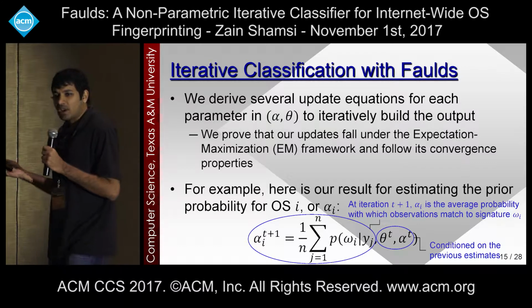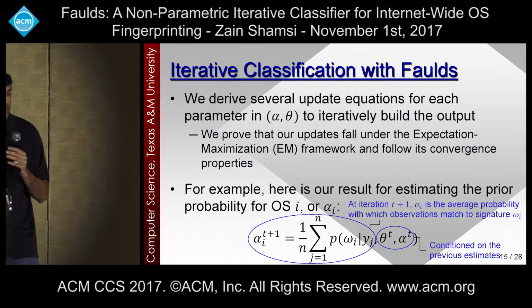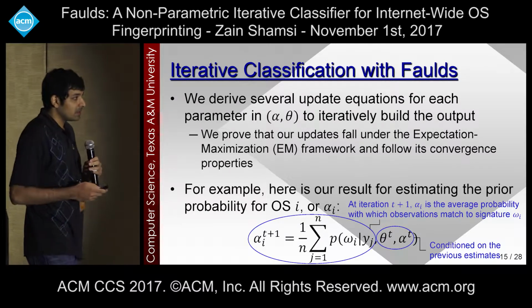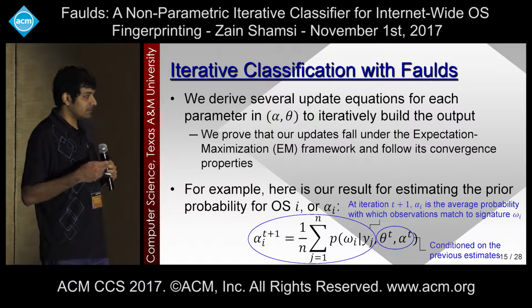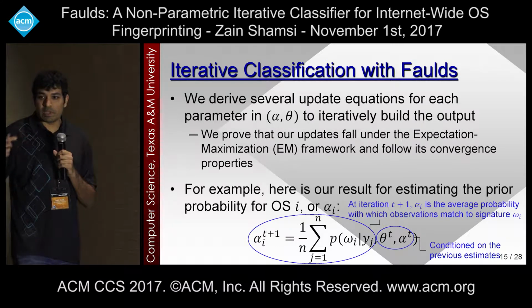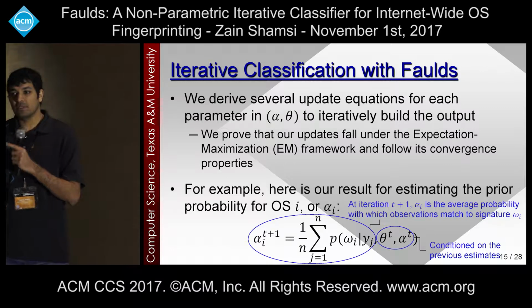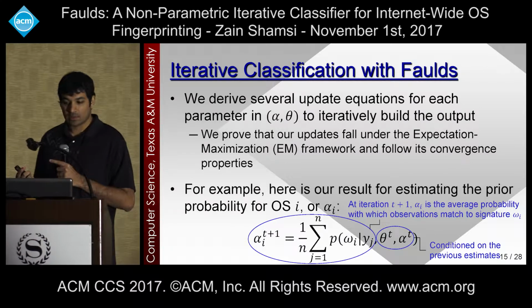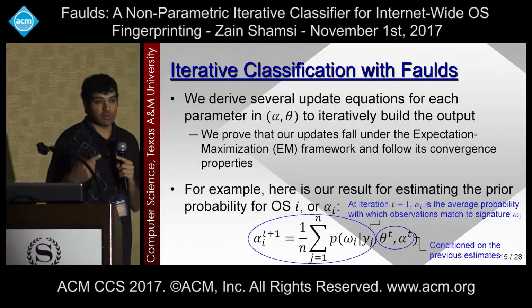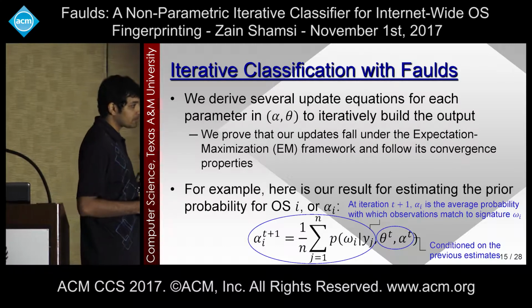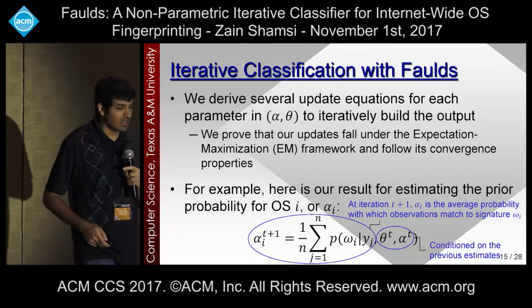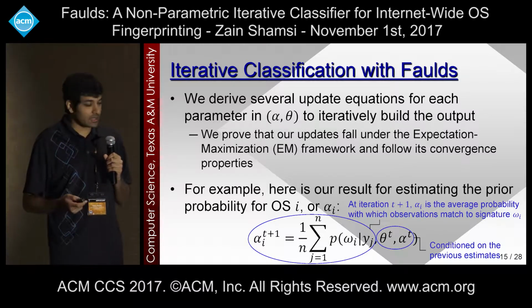So we derive several update equations for each parameter in alpha theta to iteratively build this output. We also prove that our update equations actually fall into the expectation maximization framework, so we get those nice convergence properties. So for example, here's our result for updating alpha.